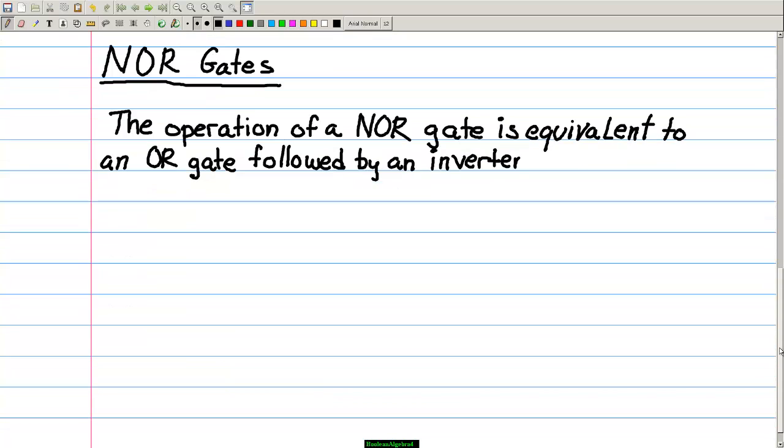The NOR gate combines the operation of an OR gate and an inverter. So if we were to show this with the OR gate and the inverter, it would just look like this. There's an OR gate, and it's followed by an inverter or a NOT gate.